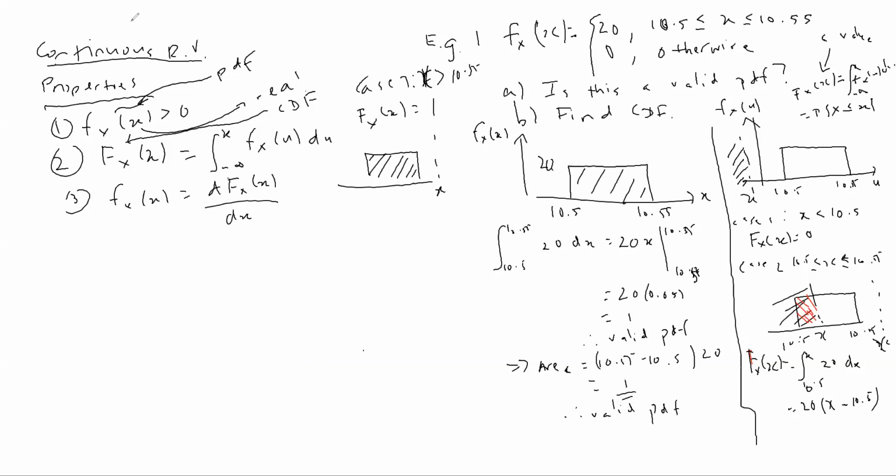So for our case here, if I draw the CDF of X, it goes from 0 up to 10.5, and from 10.5 it goes up linearly until it reaches 1 at 10.55. Remember, the CDF must always go from 0 to 1.